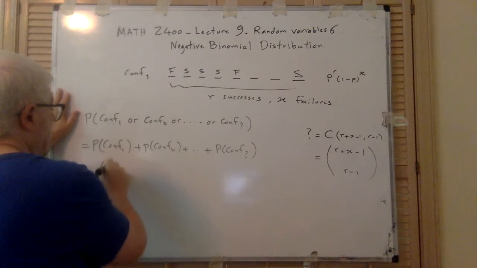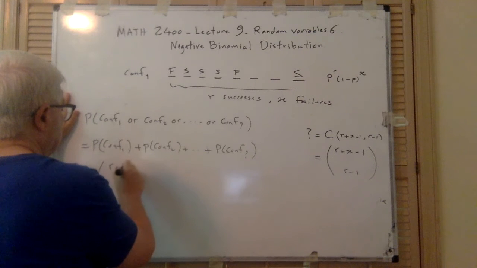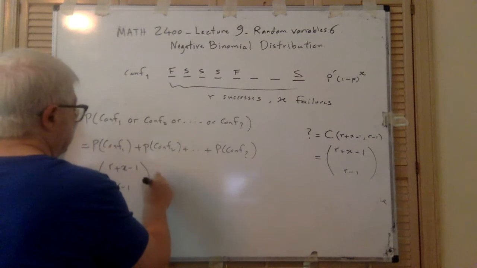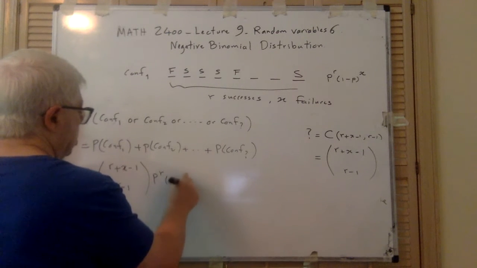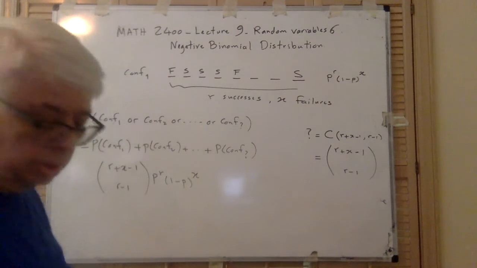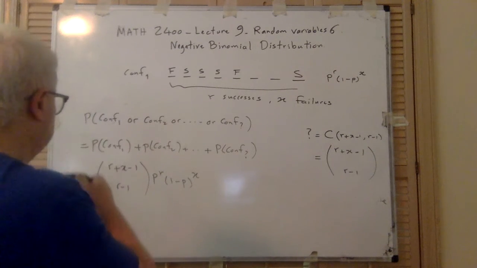So I will get R plus 1 minus R plus X minus 1 over R minus 1 times that. And the probability of each configuration is fixed. It doesn't change from configuration to configuration, it's the same thing.